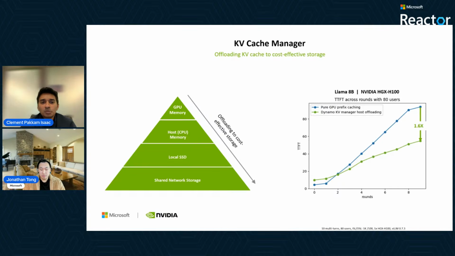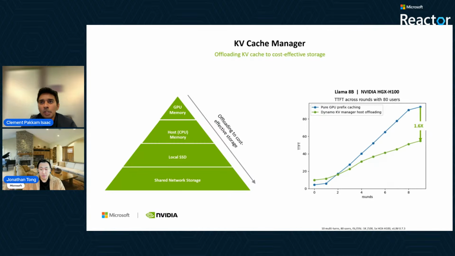When that offloaded cache is needed again, it gets pulled back without recomputation. That saves a lot of time, because recomputation might take longer than pulling from the different memory tiers.